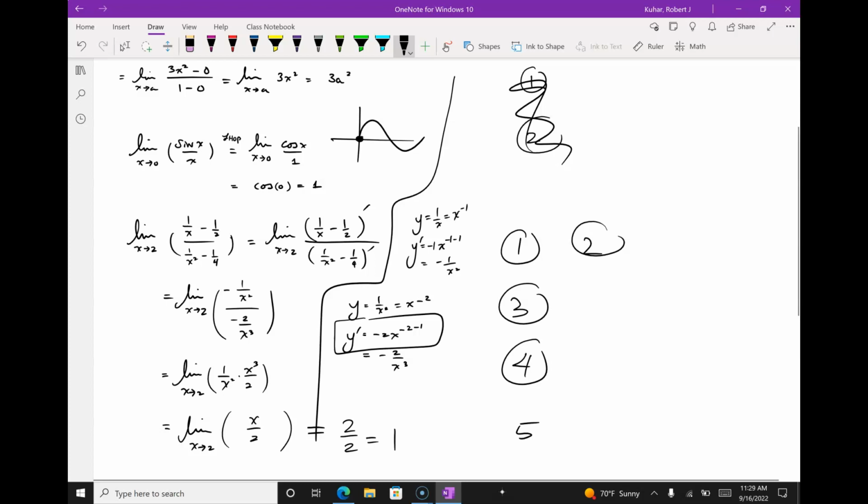Question? Right here. This is 2.3, number 30.